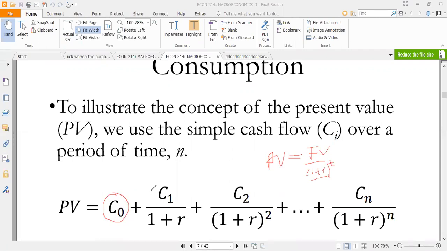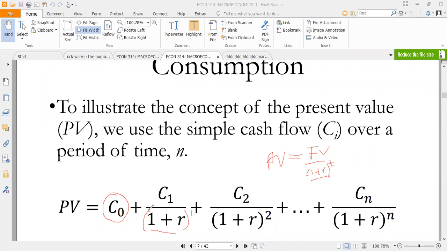But if we go to the next period, if t is equal to 1, then the value will be discounted by raising this to the power 1, which is the same value. If we go to the second year, t is equal to 2, so this is how we discount the second year. If we have n number of years, this is how we discount the nth year.